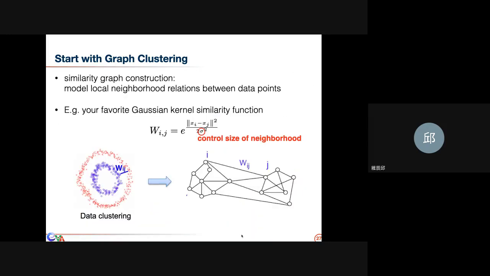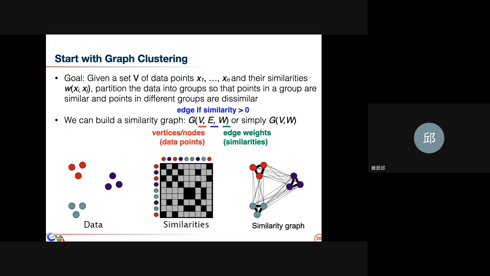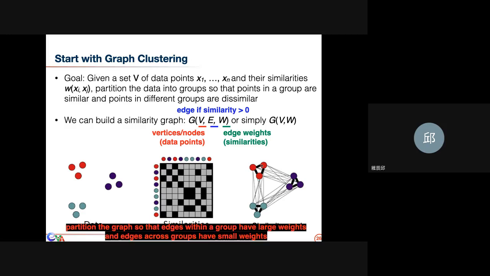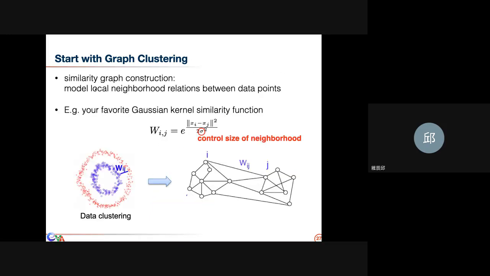So now, in this similarity graph, because you first define the edges, it of course depends on what kind of similarity you use. But most of the time, the similarity and the edges built upon it try to model the local neighborhood relation.